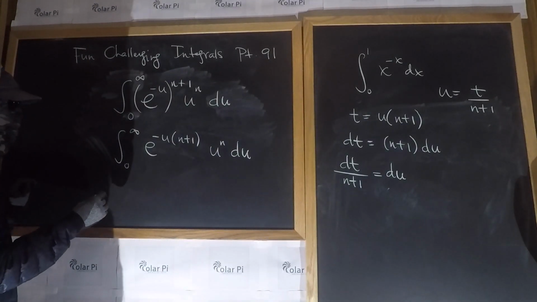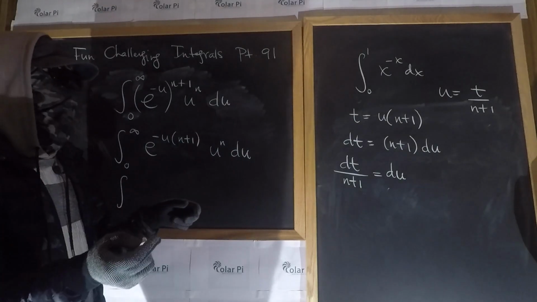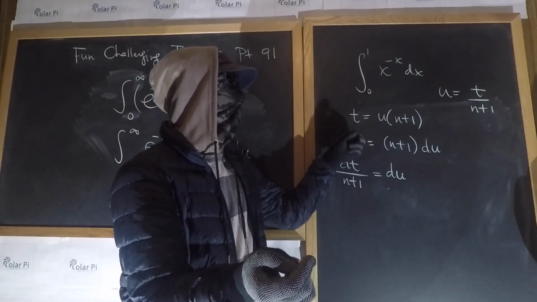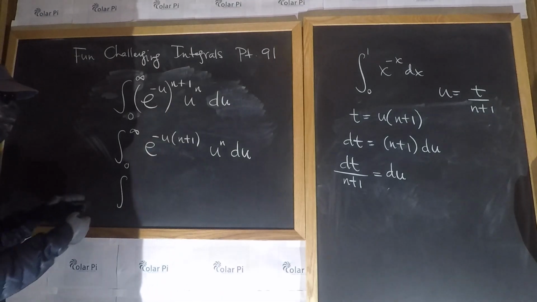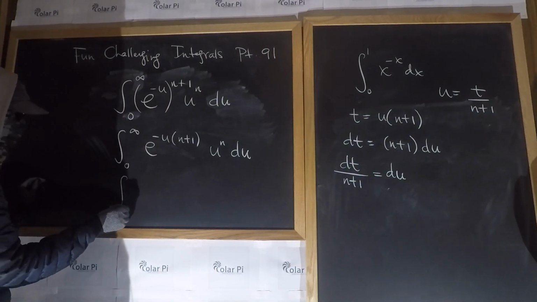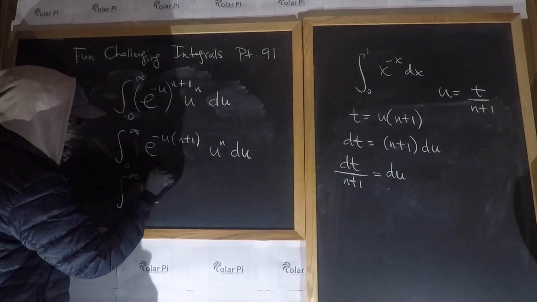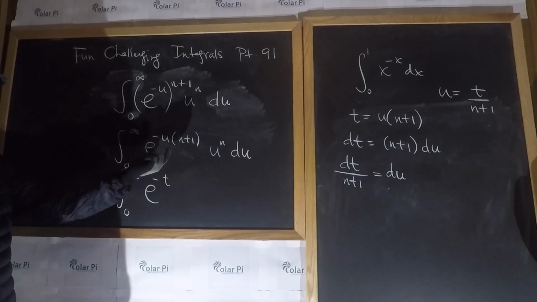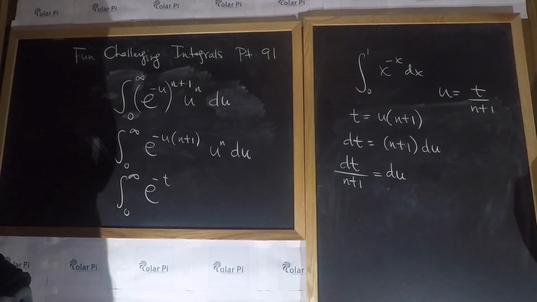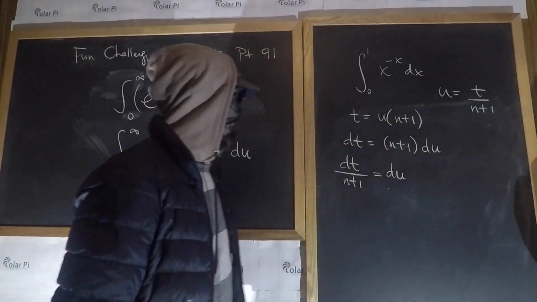Okay. So we have now, notice my limits don't change. u being 0 means t is 0. u going to infinity means t is going to infinity. And I say that clearly because we're switching from u to t. But yeah, 0 to infinity. And then this is e to the minus t, right? Because that's t. And then u to the n is this to the n, right?